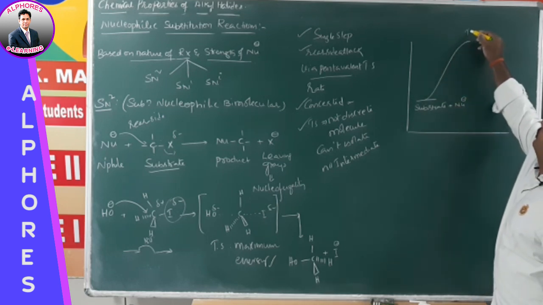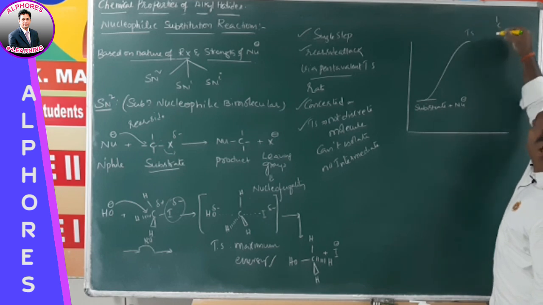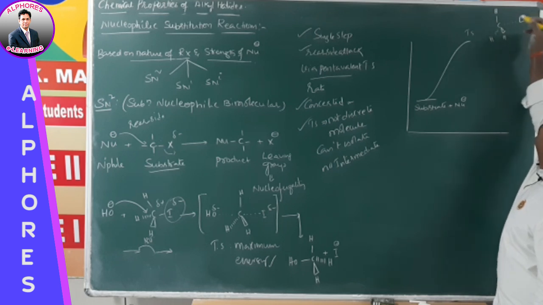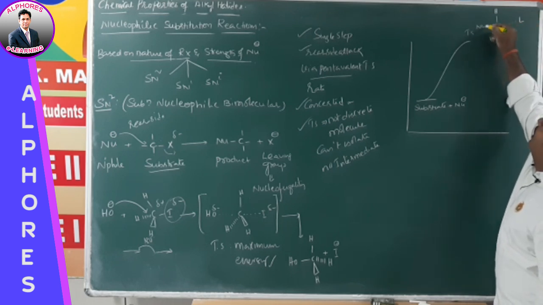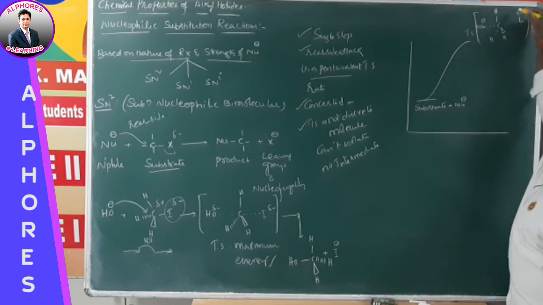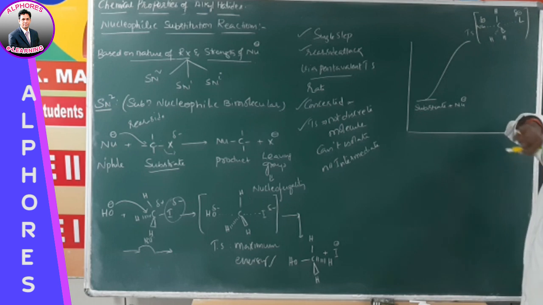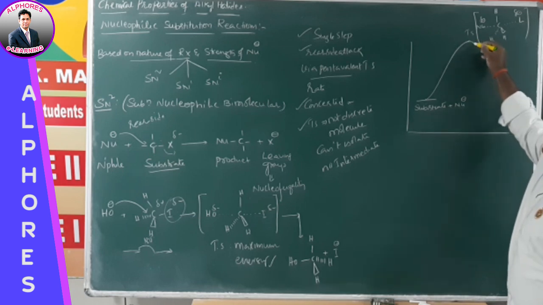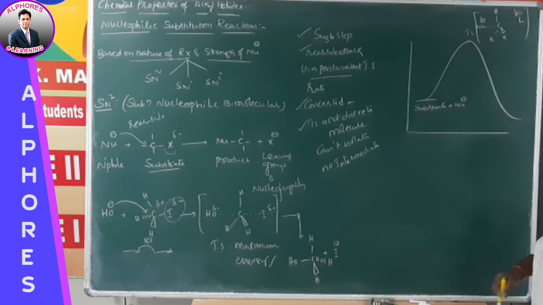This is what we call the transition state, nothing but pentavalent. This one is the leaving group and this one is the nucleophile. So the leaving group departs by taking electrons, and the nucleophile approaches by donating electrons, like this.